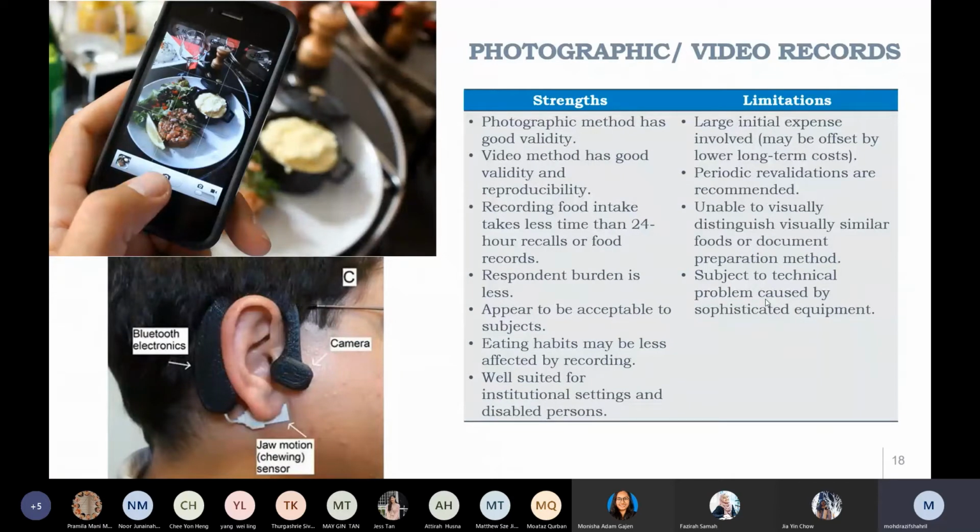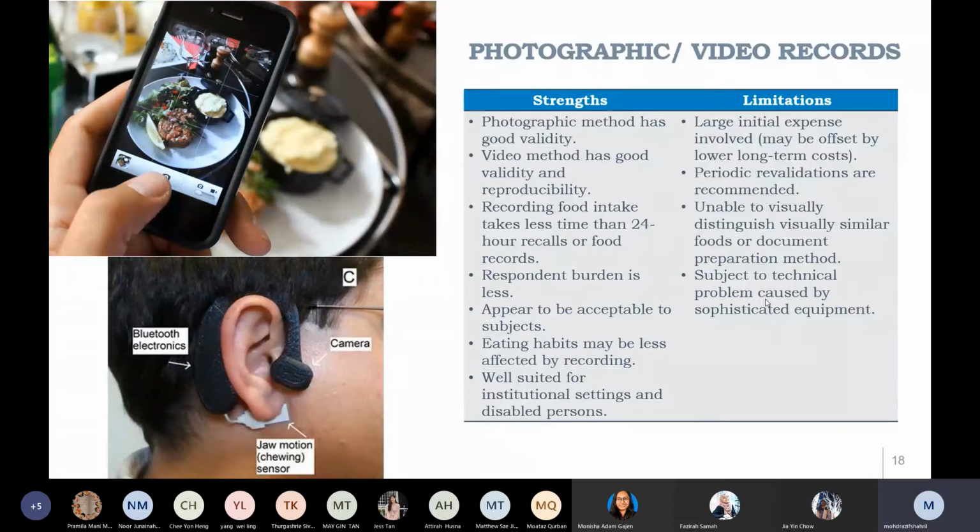Respondent burden is less because they enjoy taking pictures of their meals. It appears to be acceptable to subjects nowadays, eating habits may be less affected by recording, and it is well suited for institutional settings and disabled persons when they are not able to record themselves.